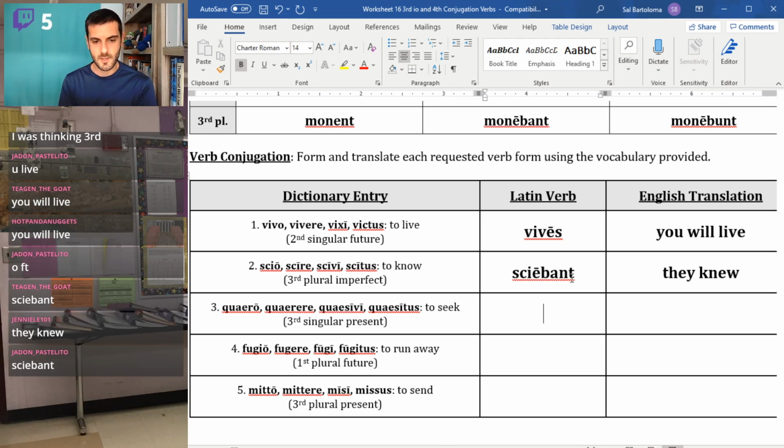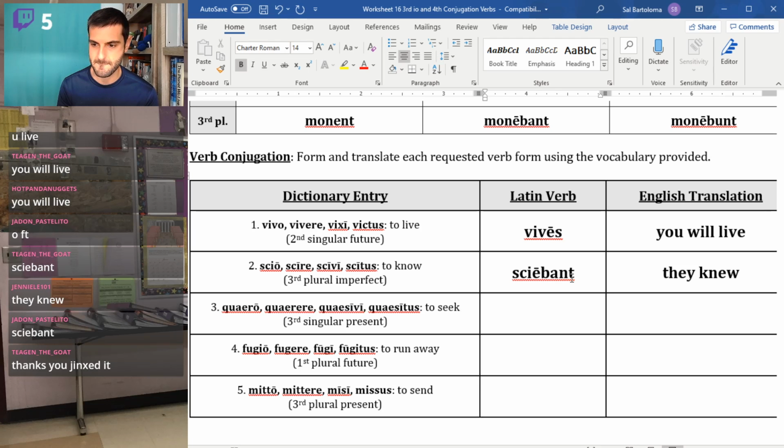Quaero, this is the verb to seek, to go on a quest. Third singular and present. I jinxed it. Are you guys lagging?